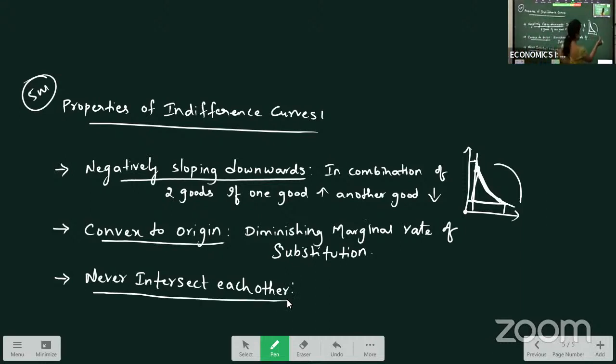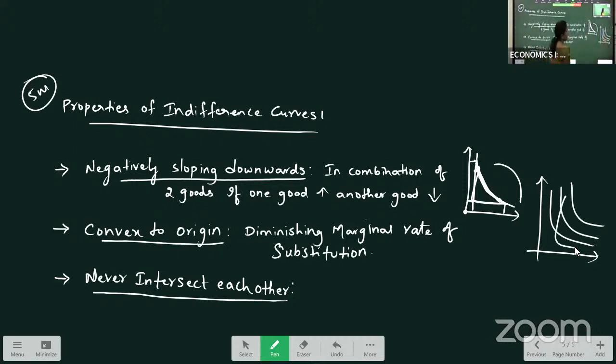For example, you see here, this is one curve, this is one curve, this is another curve. We will have curves like this, but we will never have a curve like this. Means it will never intersect. Why? Because each curve shows different levels of satisfaction.